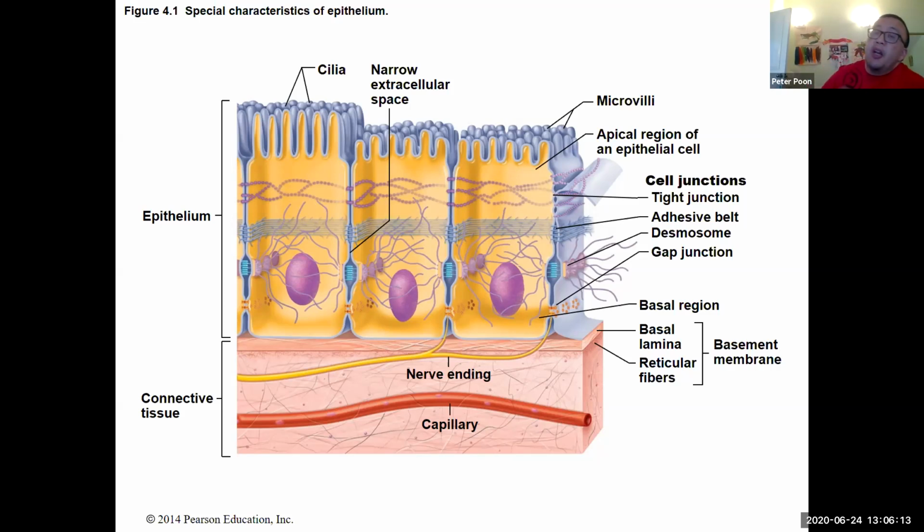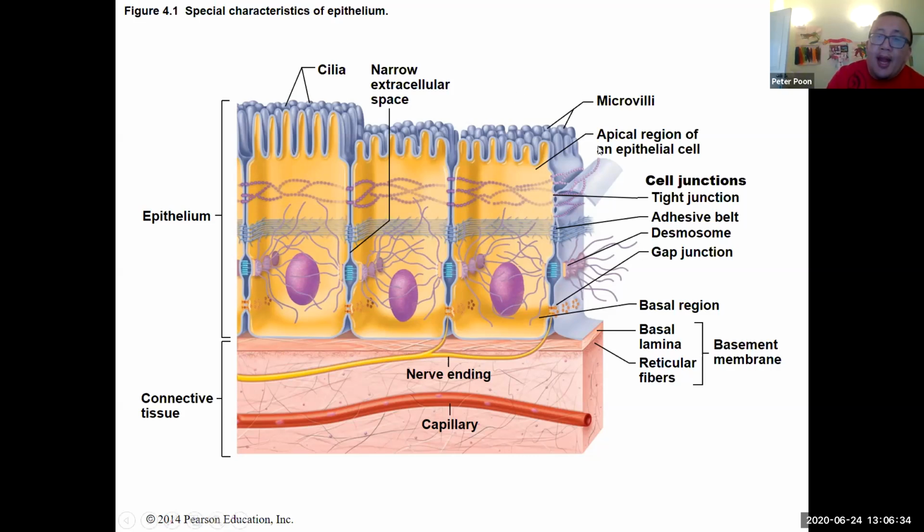There's something called the apical surface. This is the apical surface, and this is the basal surface. The basal surface will always attach to something called the basement membrane, not the plasma membrane, the basement membrane.